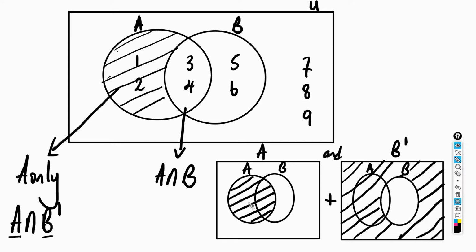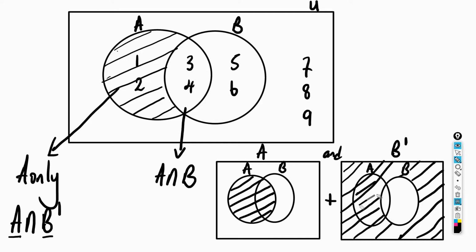So we can see that this shaded region here, not including the intersect, and this shaded region here are both common to both Venn diagrams. So if we want to find A and B prime, that would be the space between the shaded region here and the shaded region here.